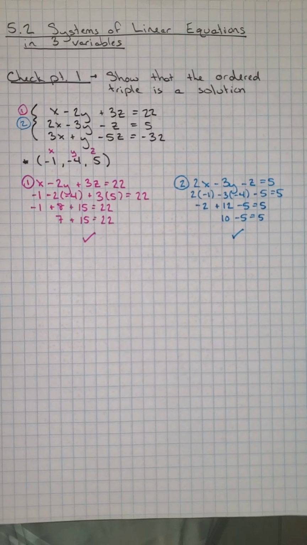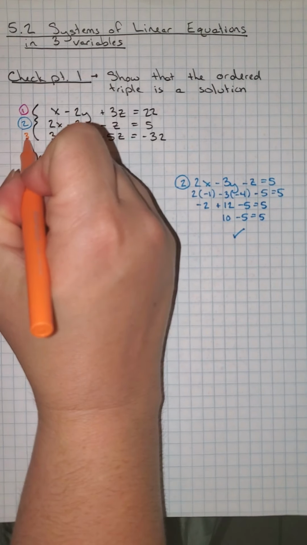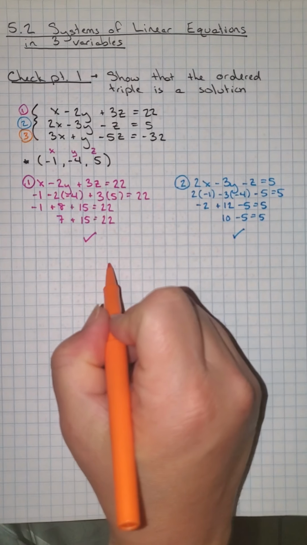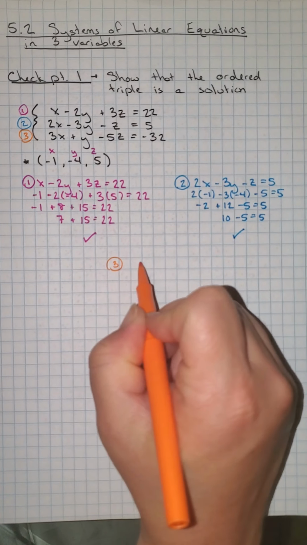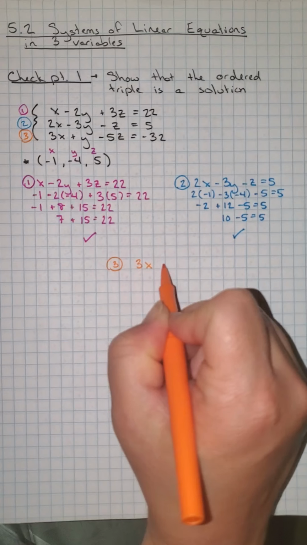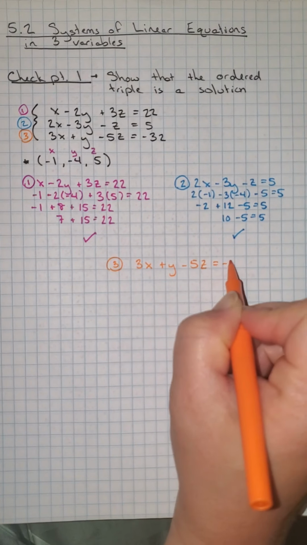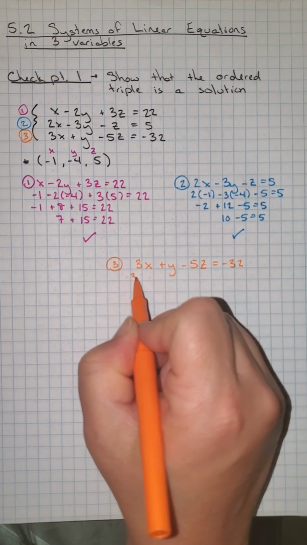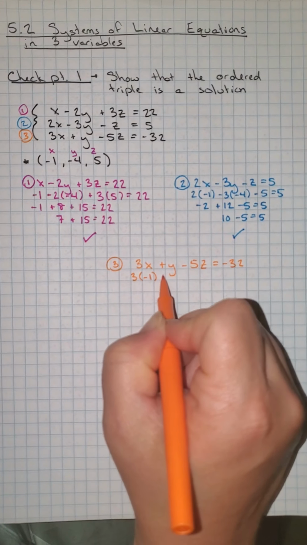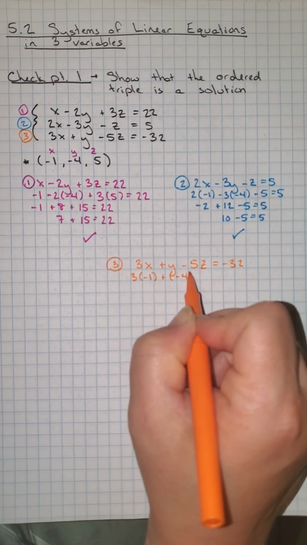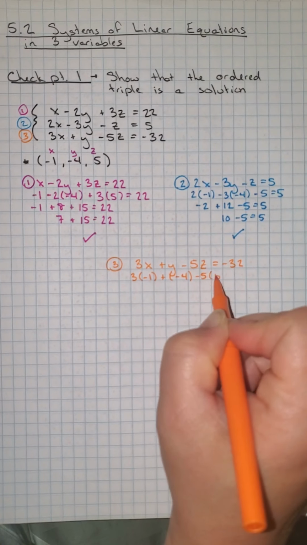And then you just have one more to do. So in the third equation, 3x plus y minus 5z equals -32. We have 3 times -1 plus -4 minus 5 times 5.